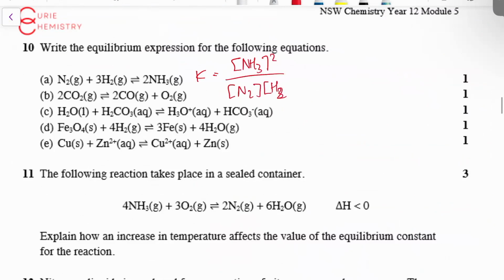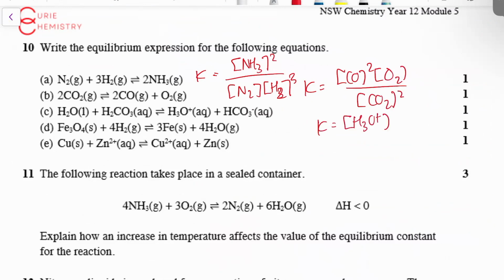B. CO squared O2 on CO2 squared. Good. C. H3O plus HCO3 minus on H2CO3, none of the H2O because that's a pure liquid.